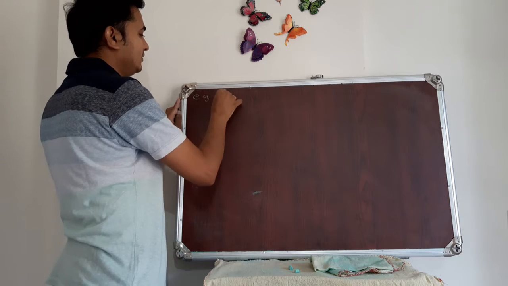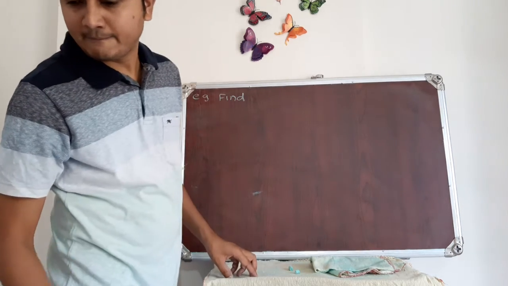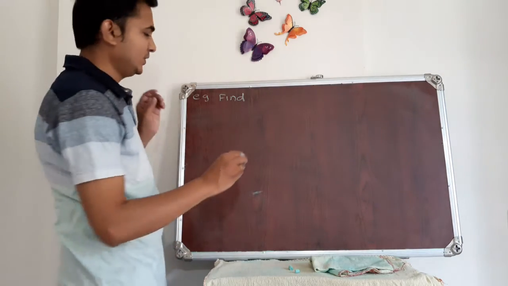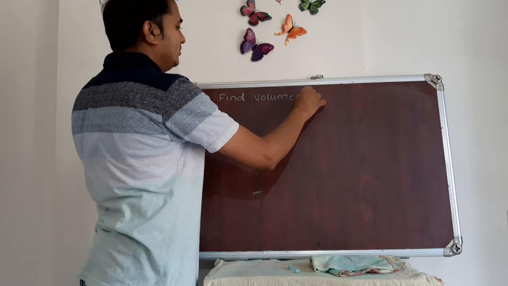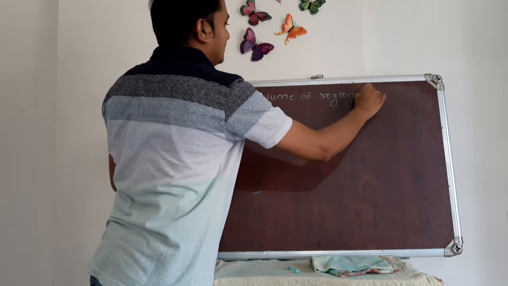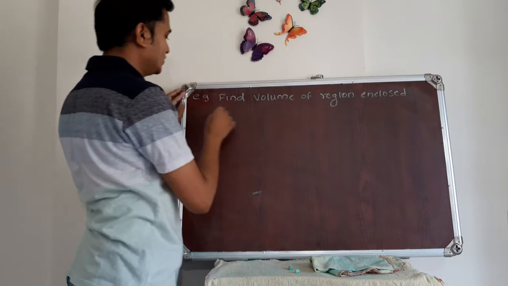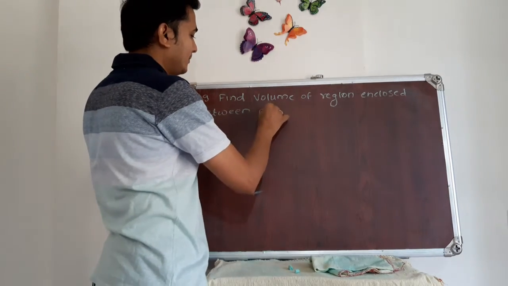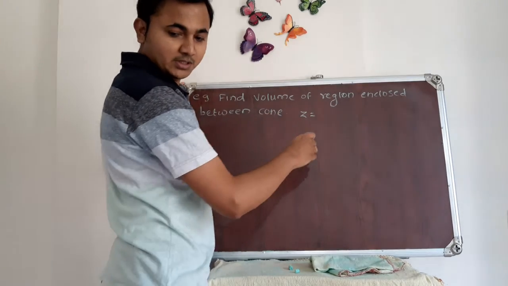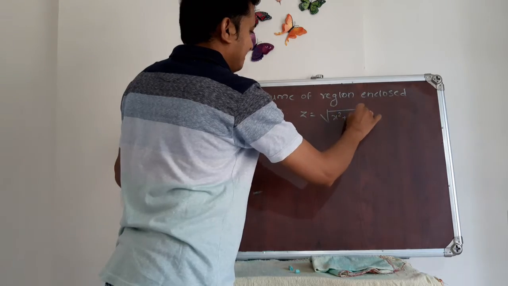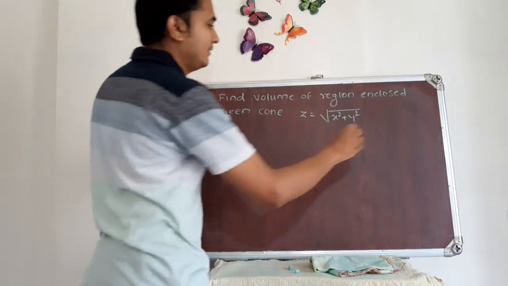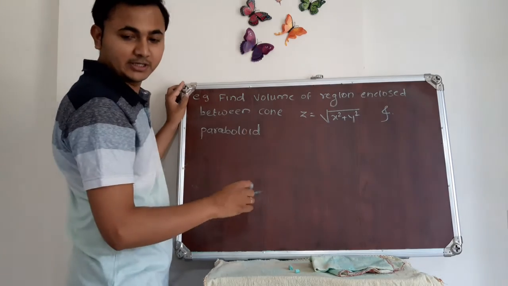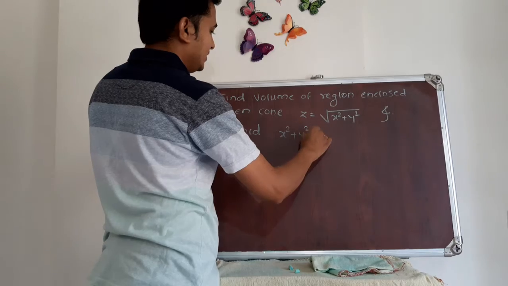Example: find the volume of the region enclosed between the cone z is equal to under root x square plus y square and the paraboloid x square plus y square equal to z.